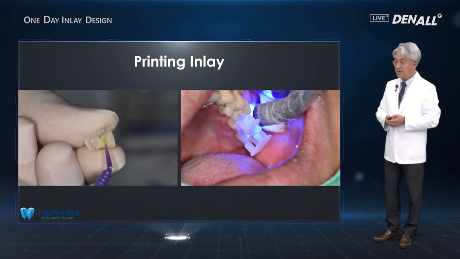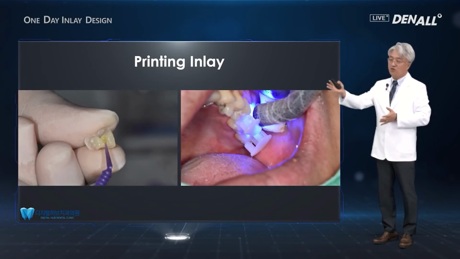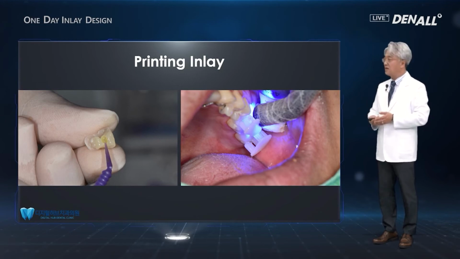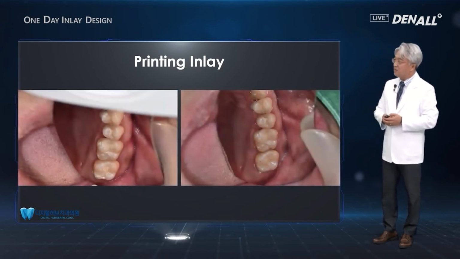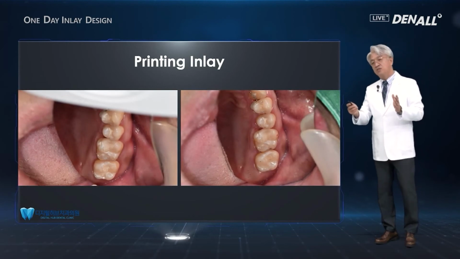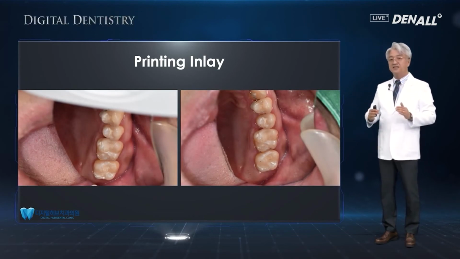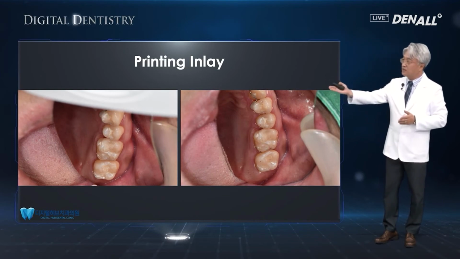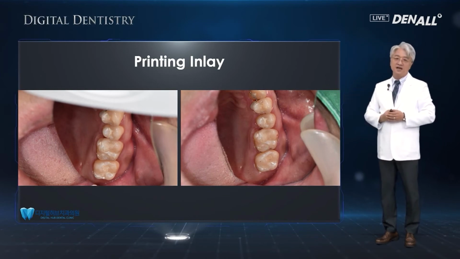Using resin bonding, the bonding was done, and using resin cement with curing, it was set. Then the support and excess resin were removed and the occlusion was adjusted. Then this type of inlay can be made.